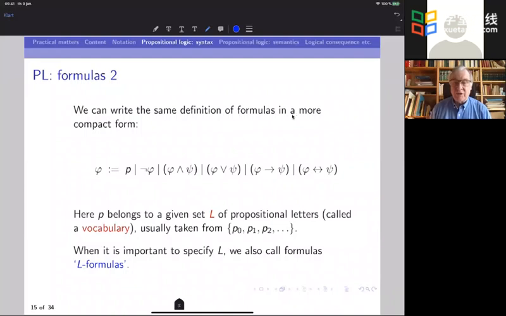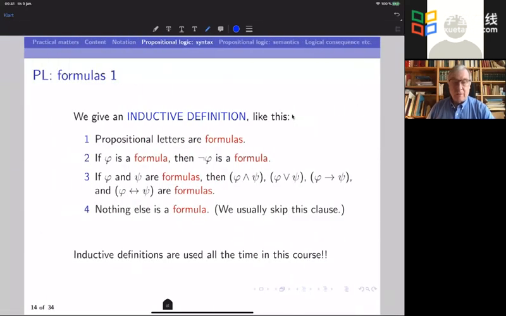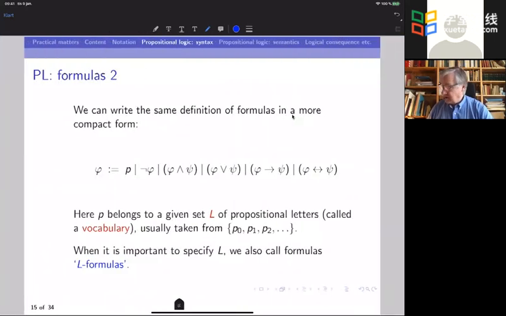As I said, it's just a short form for distinguishing between the clauses. So this is the same definition as this one, where you say propositional letters are formulas, if phi is a formula, etc., etc. So if you write it like this instead, it means something like "or," right?